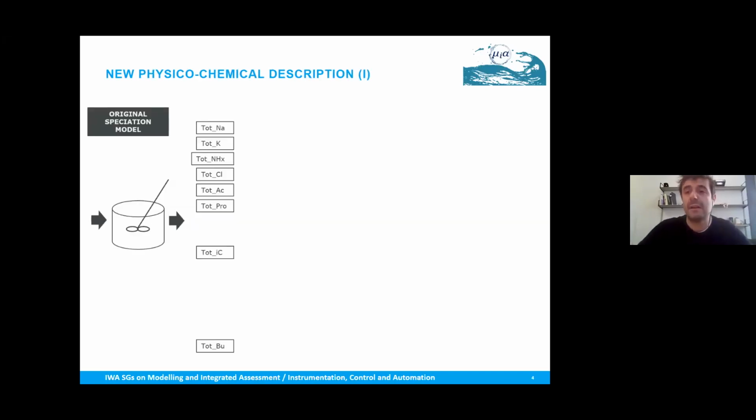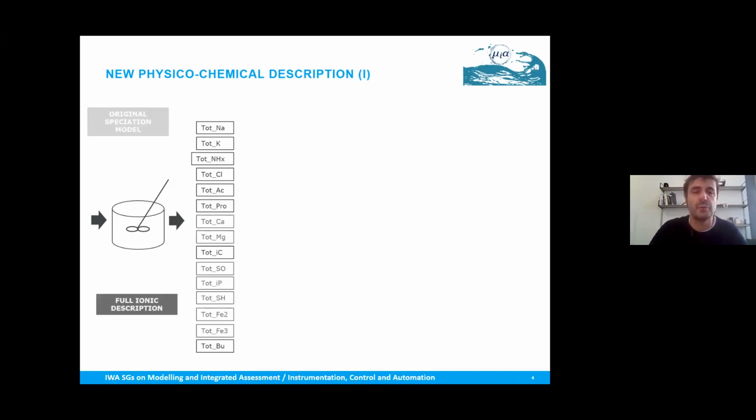About the physicochemical description, this is the original speciation model. In order to improve that, we had to go to a full description of ions. So we had to increase the list substantially.